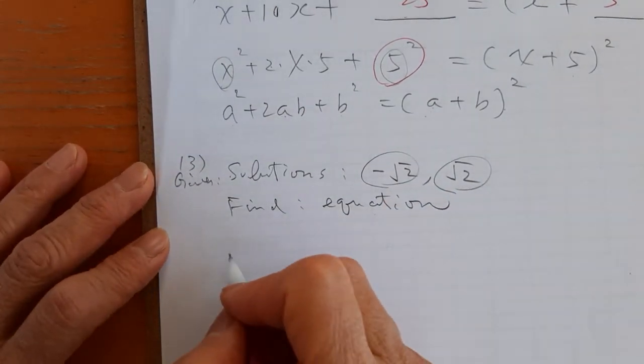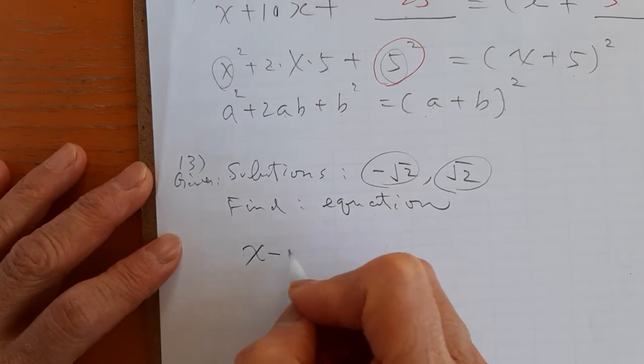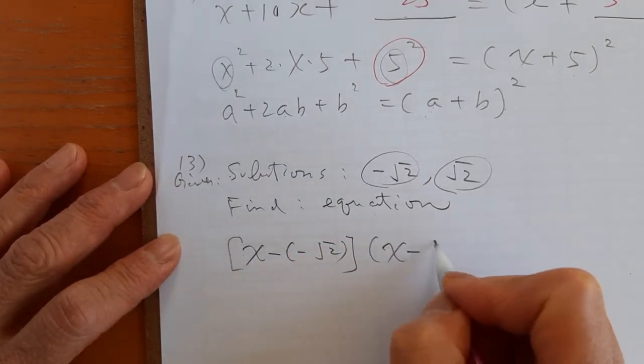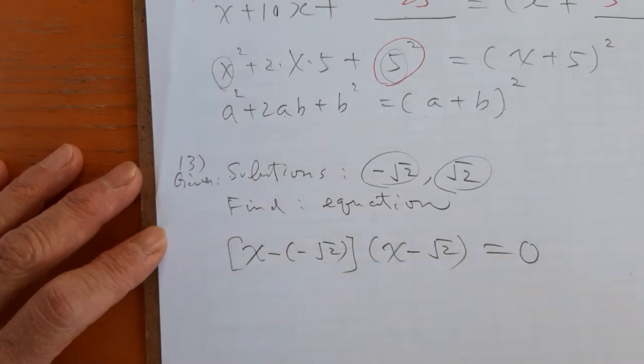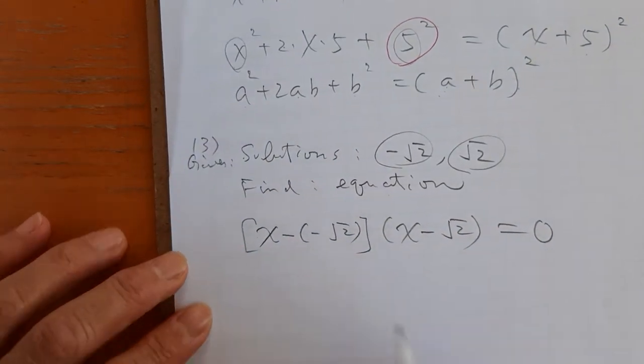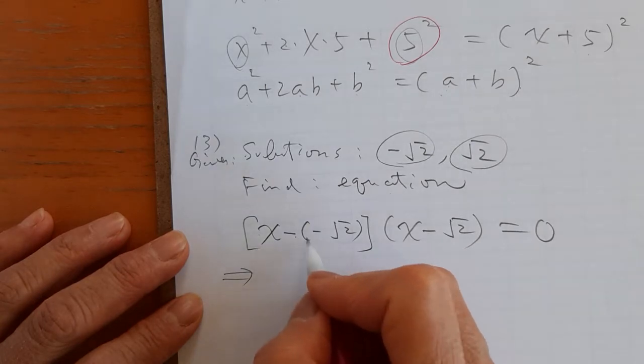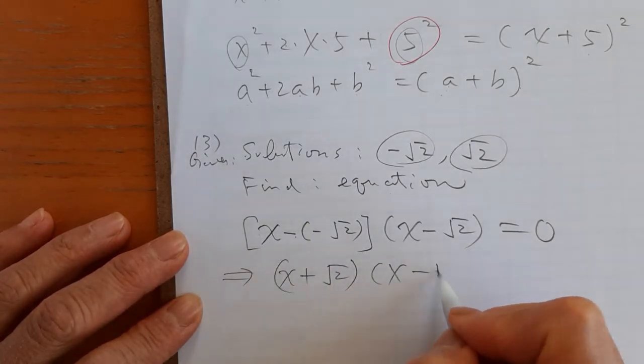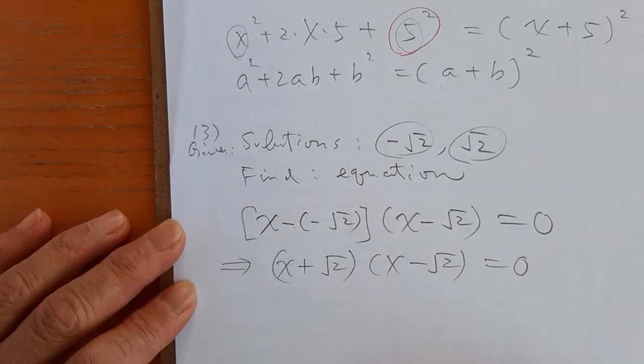So you can put it in factor form. One is x minus negative square root of 2. The other one is x minus square root of 2, equals 0. That's the equation. So the negative becomes plus: x plus square root of 2 times x minus square root of 2 equals 0.